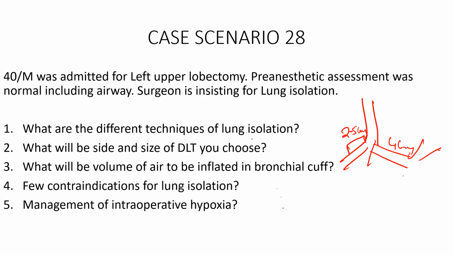So this margin of safety is there when you use a left-sided double lumen tube. When you use a right-sided double lumen tube, the cuff can obstruct the right upper lobe bronchus, and that can result in atelectasis.